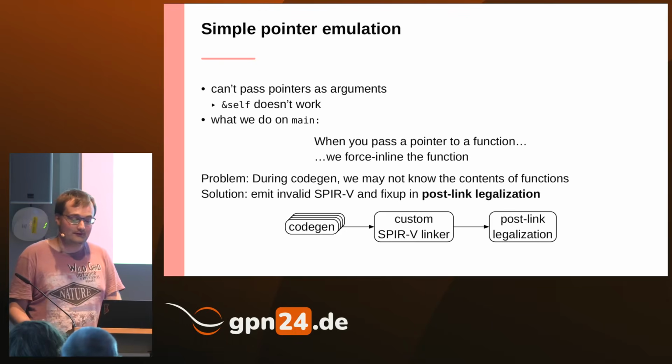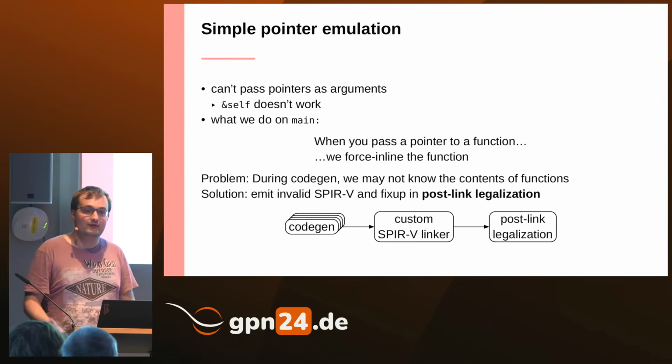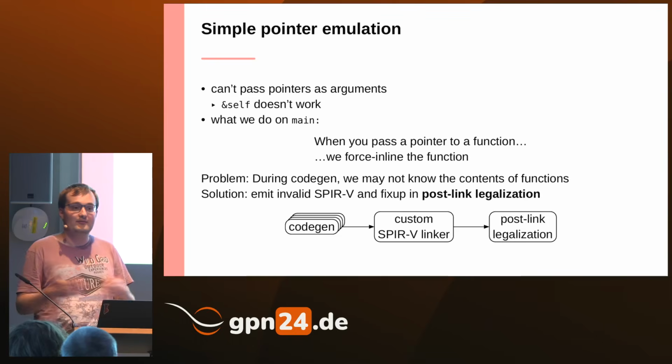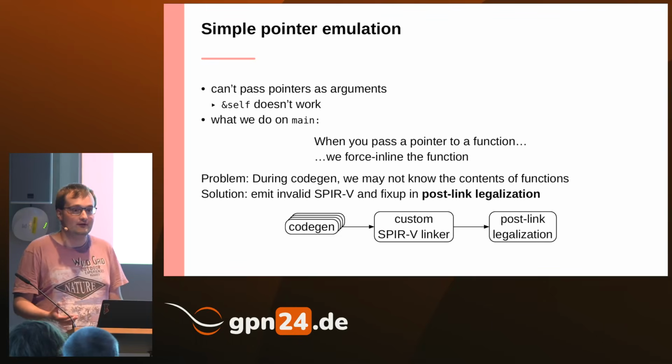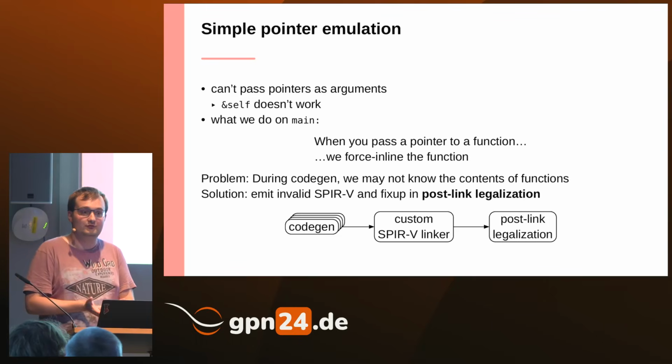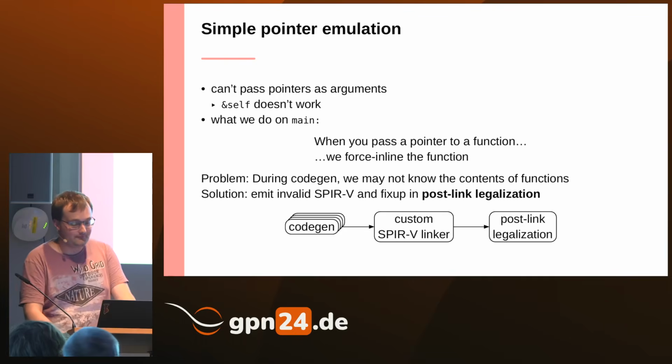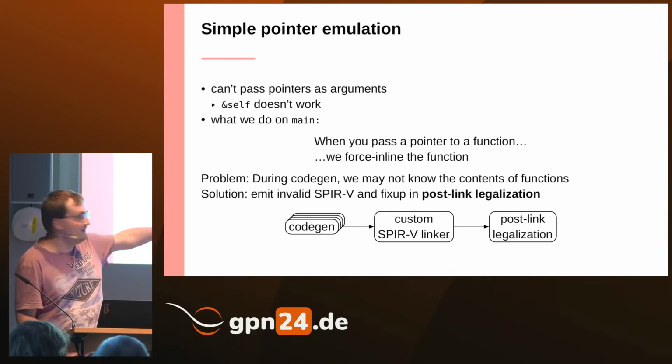And at that point, we know the entire shader code. We know everything, because shaders don't have things like dynamic linking or anything at runtime. That just doesn't exist. We literally have a closed world assumption, so we can do whatever we want. This post-link legalization is a really useful tool, and we're going to use a lot of it.